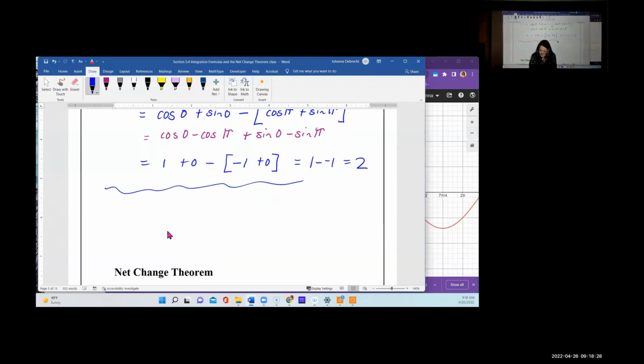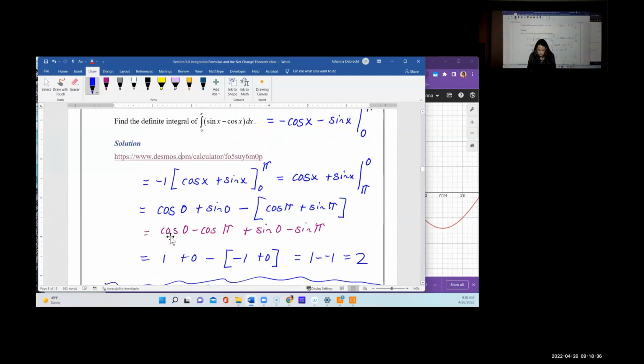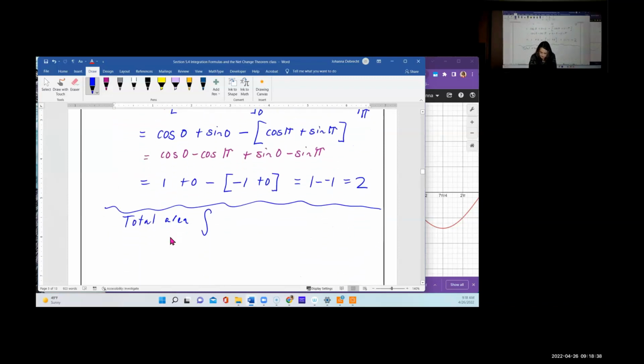So let me show this is not the same problem. So for total area, we would have the integral from 0 to pi of the absolute value of sine x minus cosine x dx. Now, the way to get the absolute value is when it is below the axis, you multiply it by a negative.